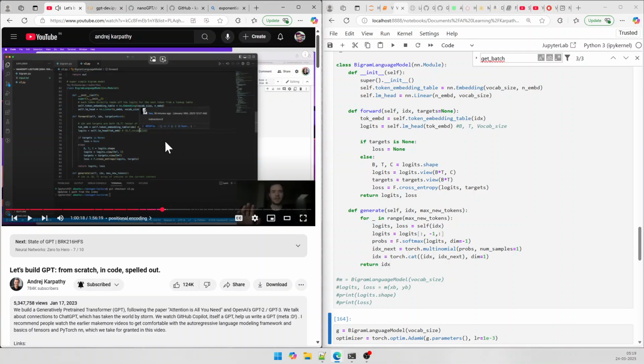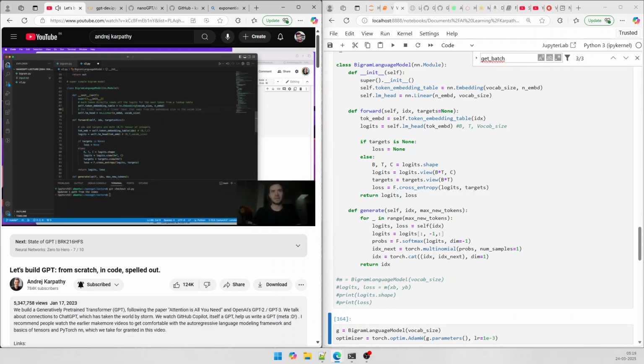Now, next up, so far we've taken these indices and we've encoded them based on the identity of the tokens inside idx. The next thing that people very often do is that we're not just encoding the identity of these tokens, but also their position. So we're going to have a second position embedding table here.